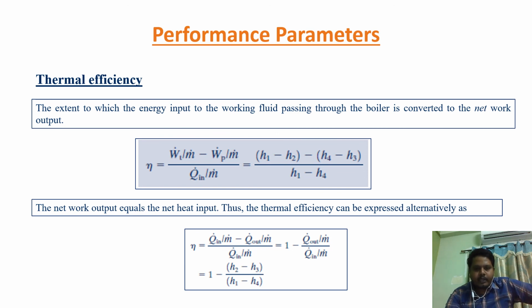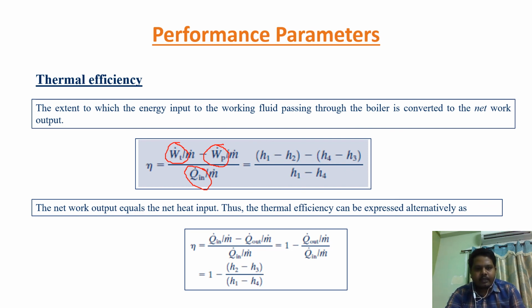Heat addition is at the boiler. So what is net work done? Work done by the turbine per unit mass minus work input to the compressor per unit mass, divided by heat addition in the boiler per unit mass. So this is the efficiency.